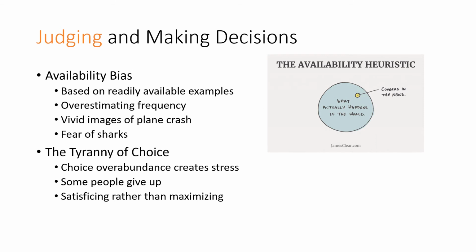Let's move on to our next type of bias, which is availability bias. And again, it's a fantastic illustration here on the slide of when we think about information that is available to us versus how much information there really is.